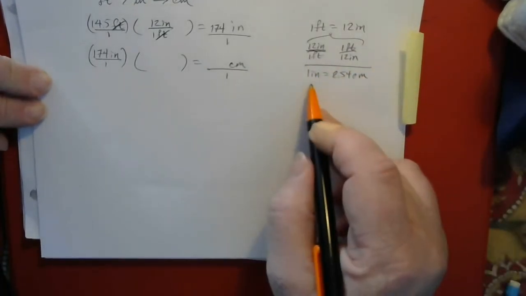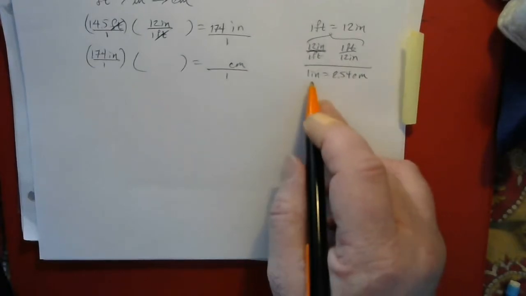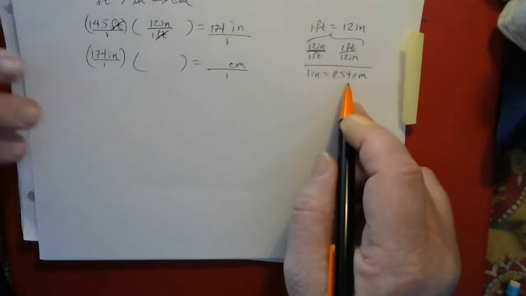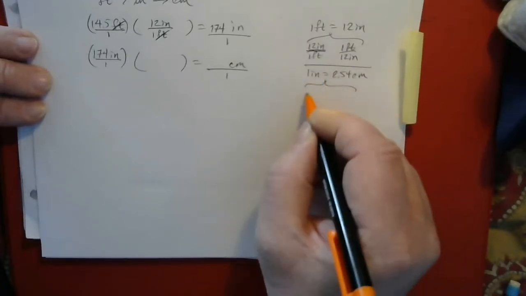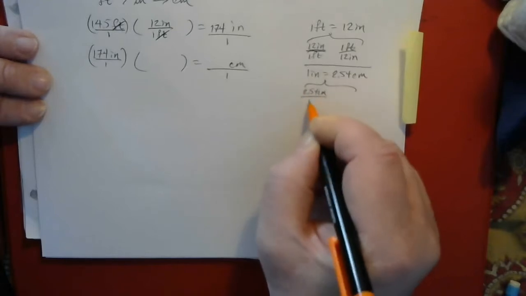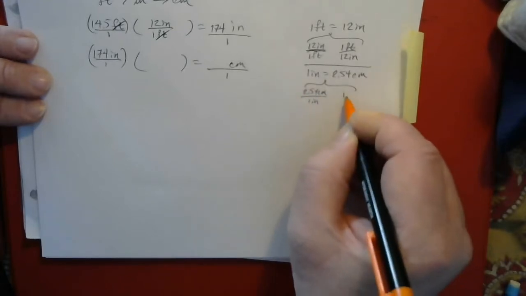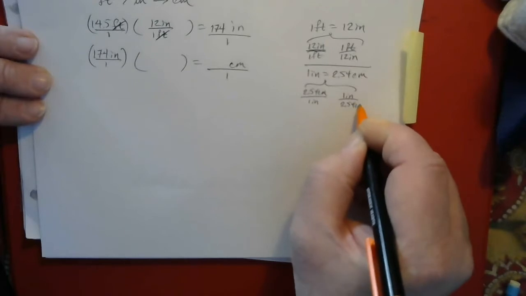We know the other conversion factor that we need is 1 inch, or the equivalent statement is 1 inch is equal to 2.54 centimeters. So that's going to lead us to a conversion factor that's either 2.54 centimeters over 1 inch, or 1 inch over 2.54 centimeters.